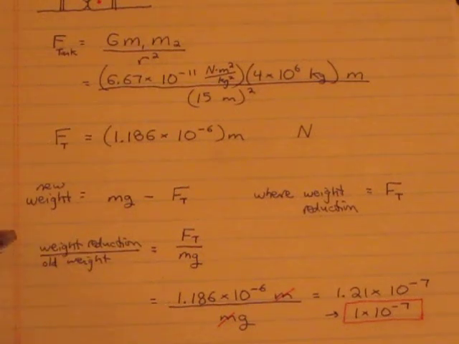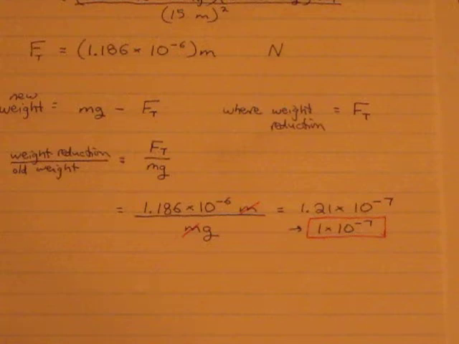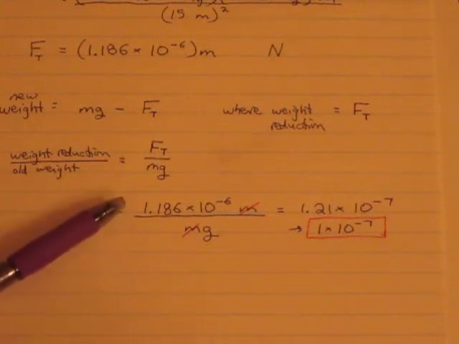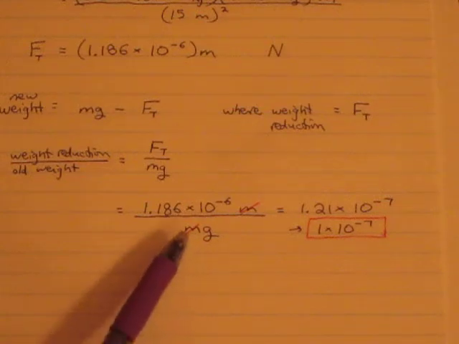So weight reduction is the force of the tank. It is pulling you up, so it's reducing your perceived weight, divided by your old weight, your weight that the Earth is pulling on you. And that becomes the 1.186 times 10 to the negative 6 times mass, divided by your weight just from the Earth, which is mg.